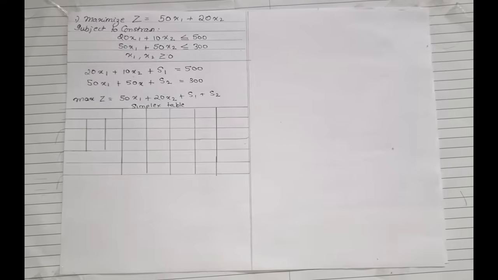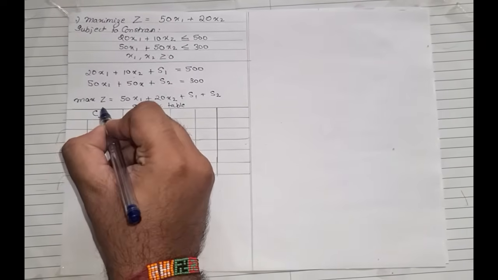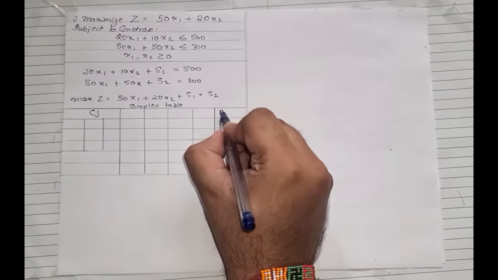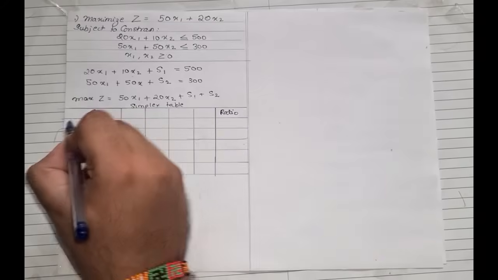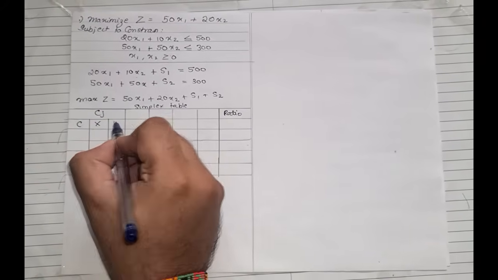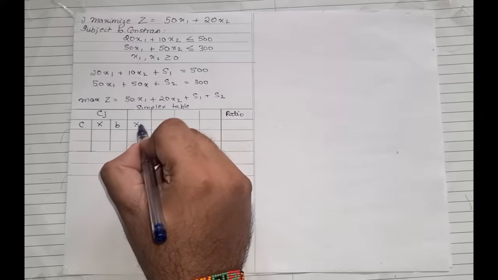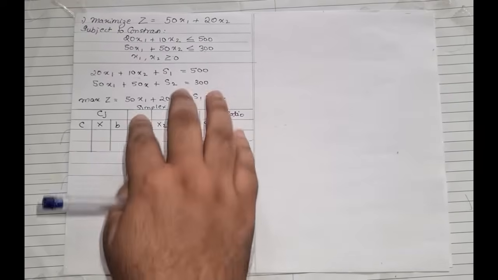Now let us see the headings, what headings we'll have to give. This is Cj. This is my ratio or replacement ratio, also known as. This will be called C. This is my x. This is the value of b. I'll have x1, x2, s1, s2. These are my constraints.